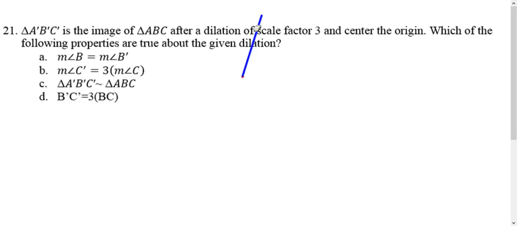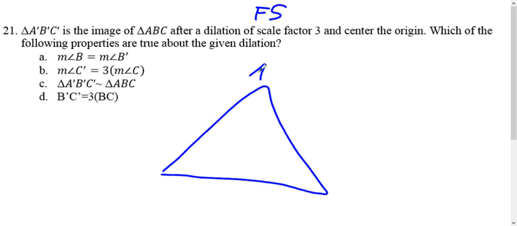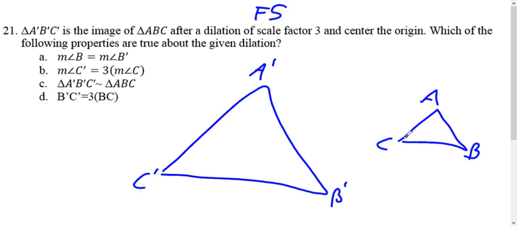This question comes from framework 5 about similarity. If the only difference between the two triangles is a dilation of scale factor 3, that means the image A prime, B prime, C prime is 3 times larger than the original ABC.